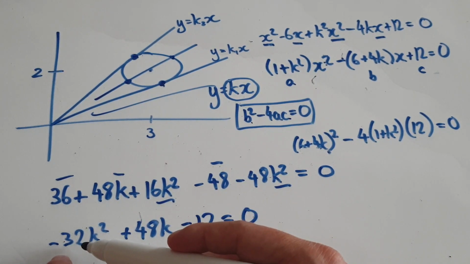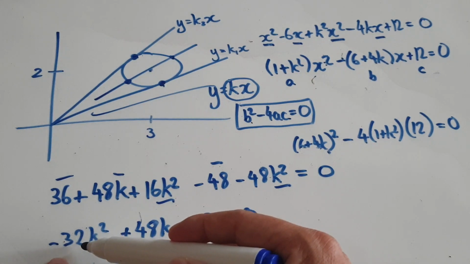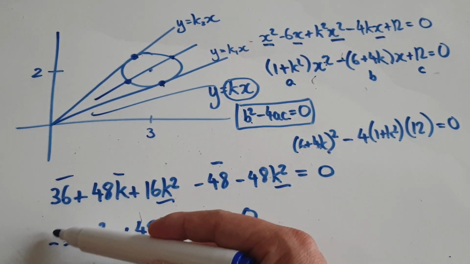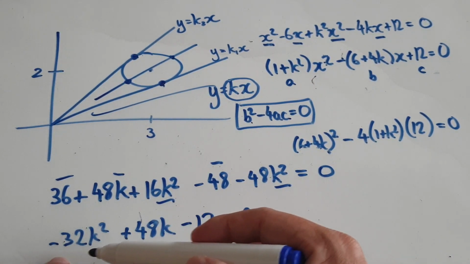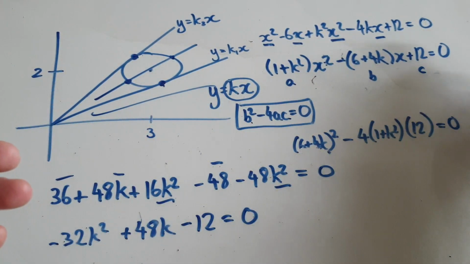Let's divide everything. Don't forget this is another quadratic. In order to solve a quadratic, we want the coefficient to be 1. So let's divide everything by negative 32.